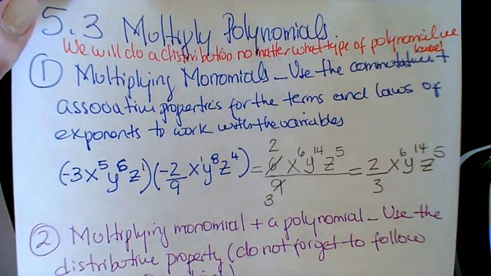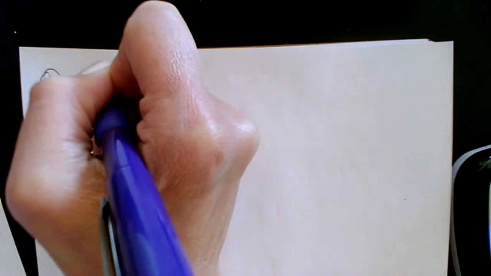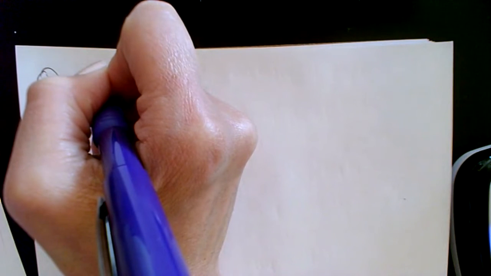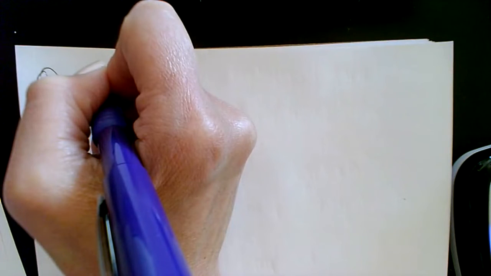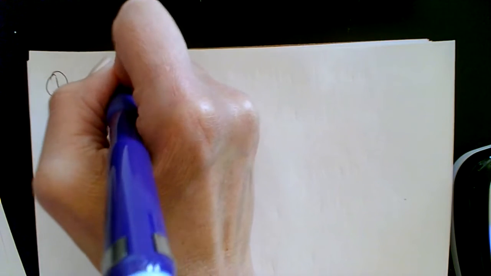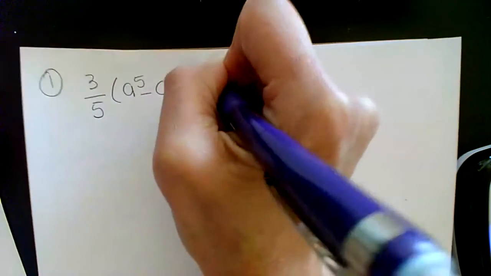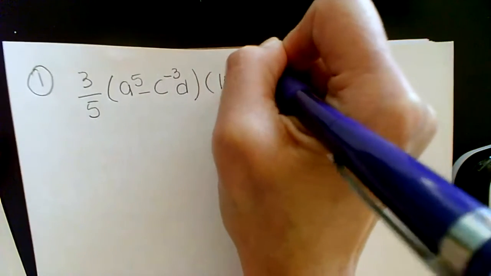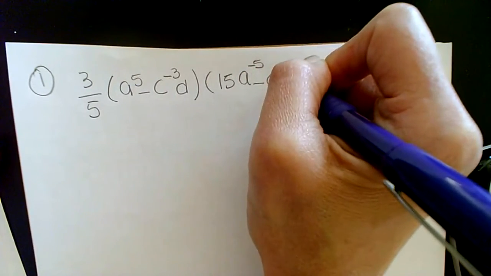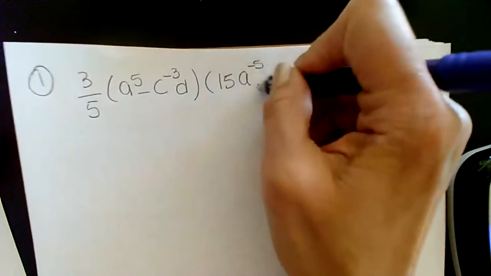Let me do a couple more. Those are more exercises. I'm doing monomials. So for example, 3/5 times 8⁵ minus, this is multiplied.